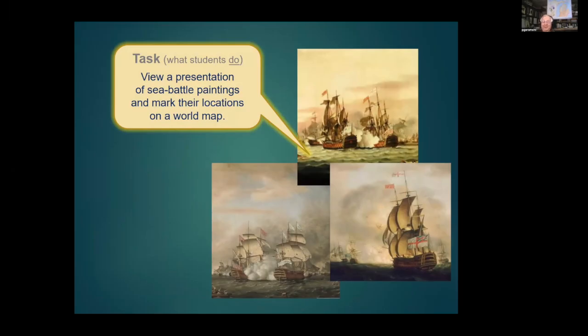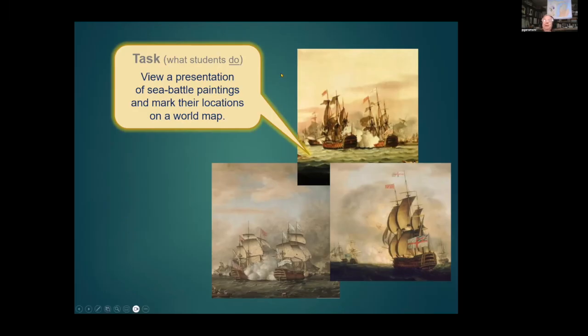And I said, there's something about the art of the late 1700s, that there were an awful lot of artists that made paintings of naval battles. And we went out on Google and we found a handful of those naval battle paintings.